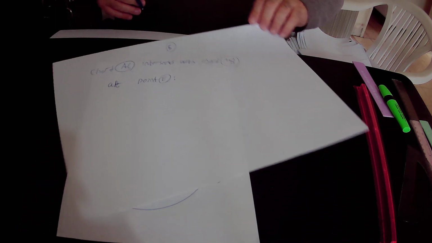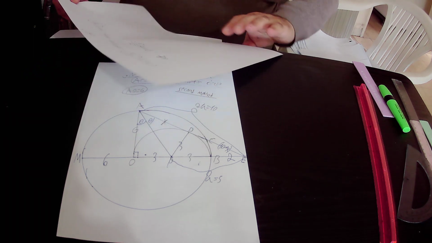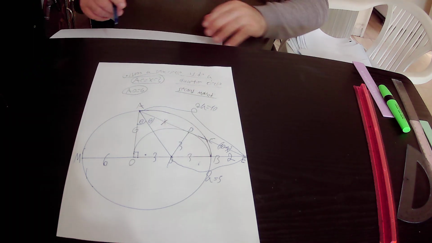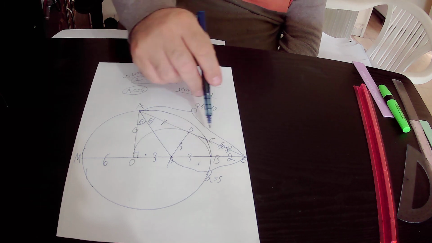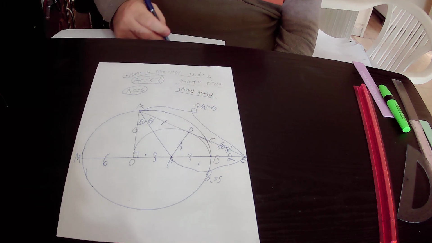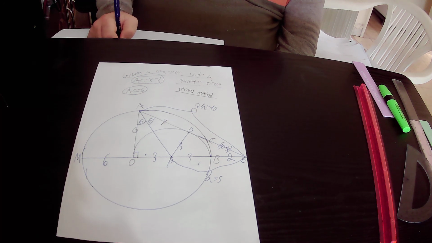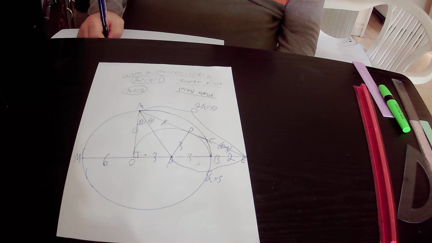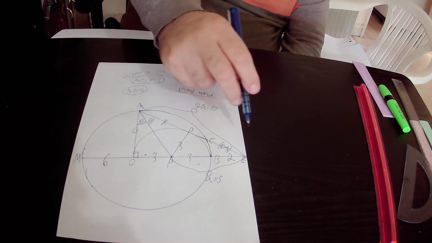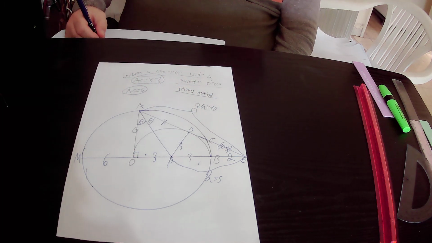Therefore, we can implement rule number 3. According to rule number 3, we will get that EC times EA equals EB times EM.